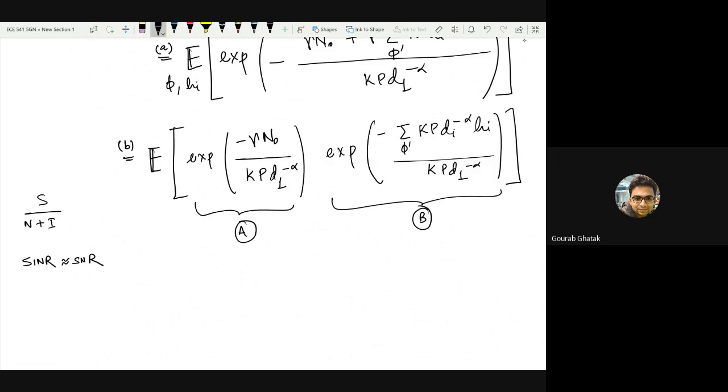So when interference is so low as compared to the noise, this becomes approximately equal to S by N. So if you want to evaluate the performance with respect to only the noise and not the interference, either because the interference is low or you have some mechanisms to tackle this interference, you need to only consider the first expression and take an expectation with respect to D1, and your job is finished.